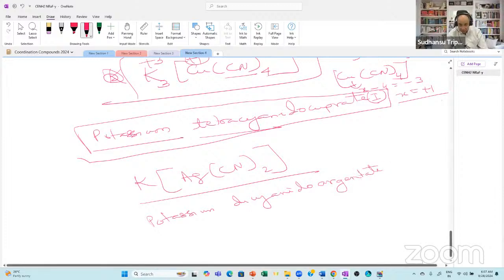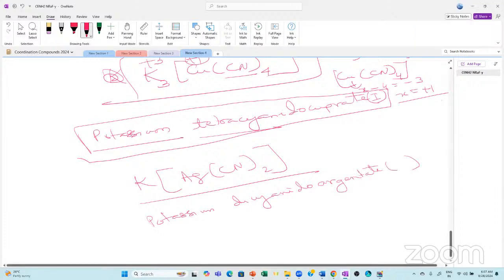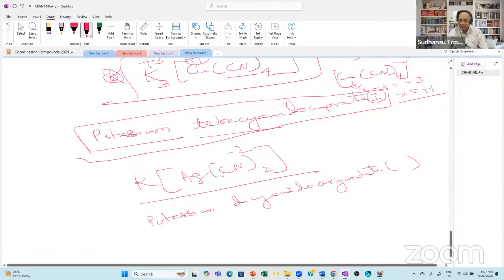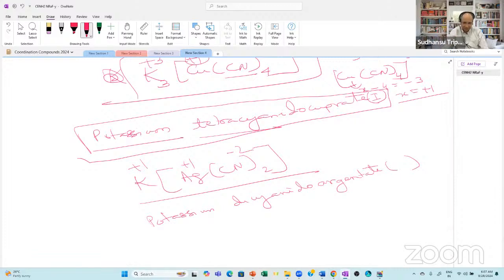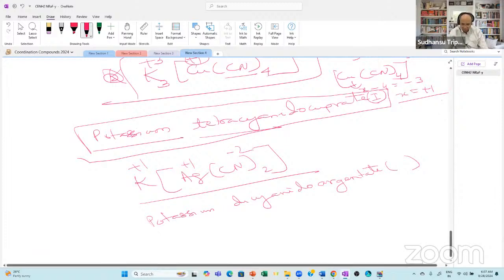That is not all. You have to put the oxidation state: I. Because there are 2 cyanide ions, the total negative charge is -2, potassium is +1, so silver has to be +1. Silver usually has the +1 state. The +3 state is very, very difficult. It's highly oxidizing. So it is I.